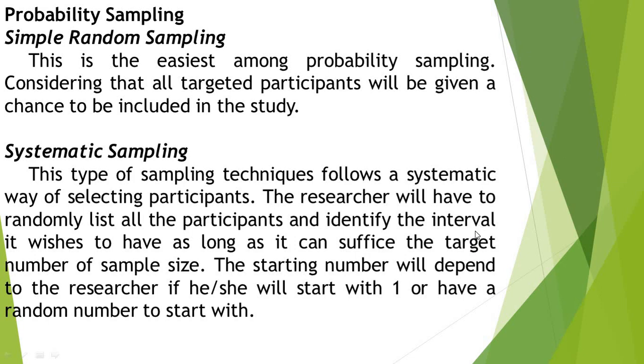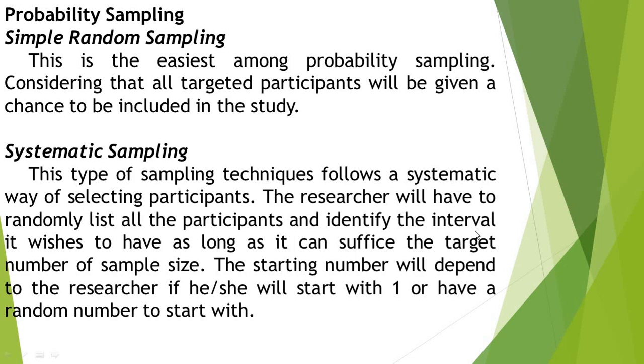In simple random sampling, you can just secure the list of the respondents. You will write down or print all the names, cut and place them into a bowl, and draw their names randomly. So simple random sampling is the drawing of lots.